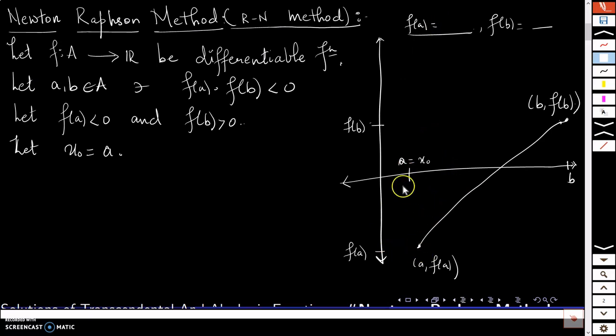Okay. Then at the point a comma f of a, I will draw a tangent to this function. I think I should draw a better function so that it's easy for you all to understand. I'll just remove this function and I'll draw a nice curve.